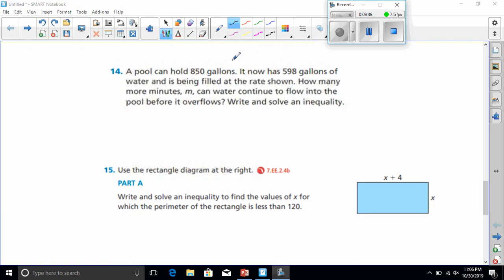All right, so let's go on to number 14. Well, number 14 says a pool can hold 850 gallons. It now has 598 gallons of water and is being filled at a rate shown. How many more minutes can the water continue to flow into the pool before it overflows, and solve the inequality? Well, if it can hold 850, that means it has to equal 850 or be less.